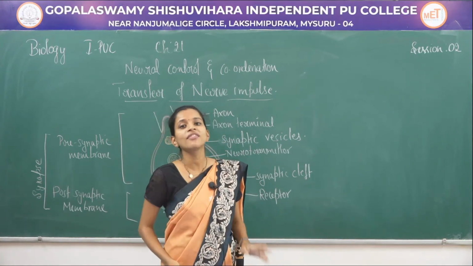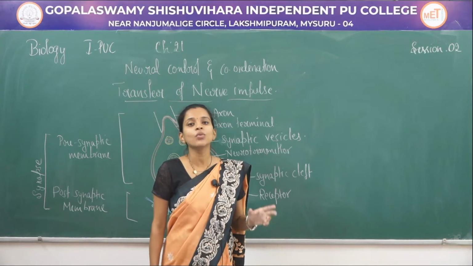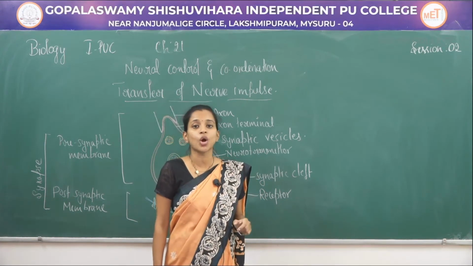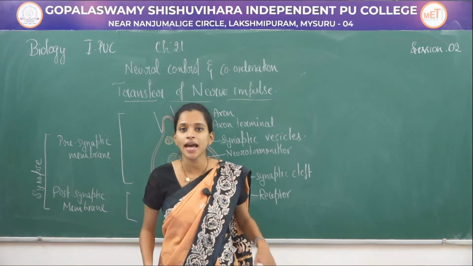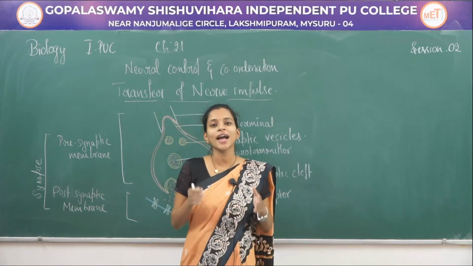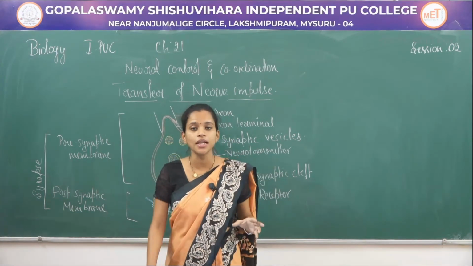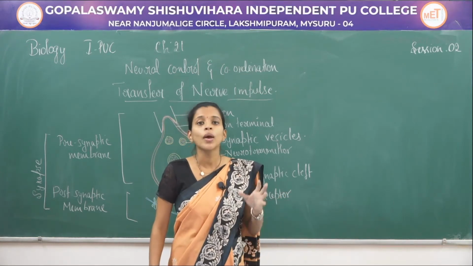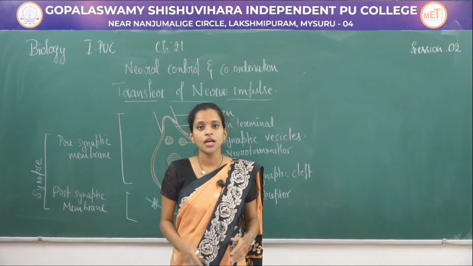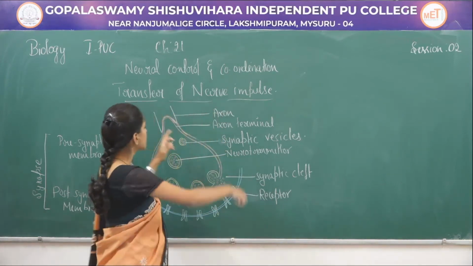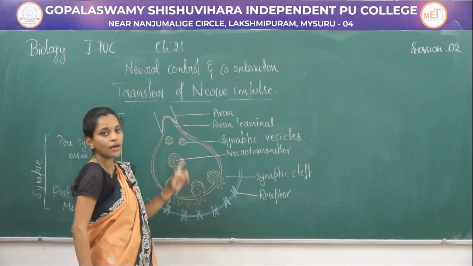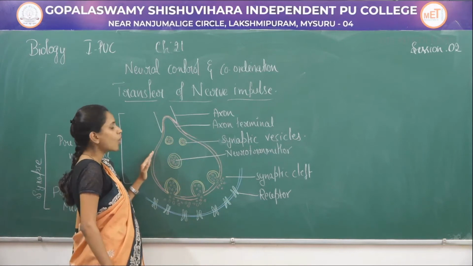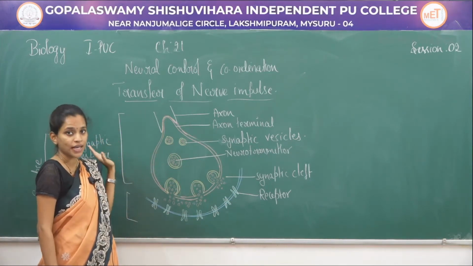For this, we first have to know that it involves a particular region called the synapse. If you remember the diagram of a neuron, the axon ends in an axon terminal which has a bulbous structure called the synaptic knob, where the synapse is present. Now what is a synapse? This is the axon terminal with the axon knob, which we call the presynaptic membrane.